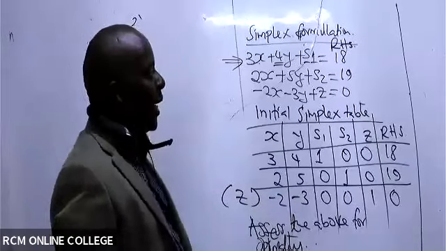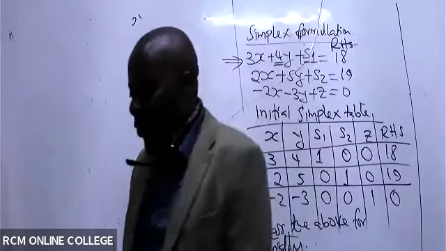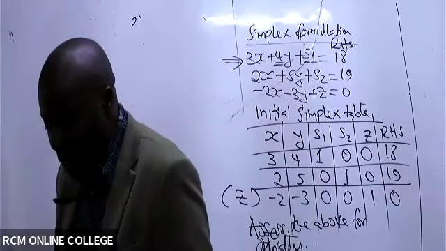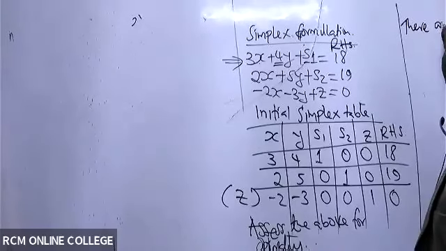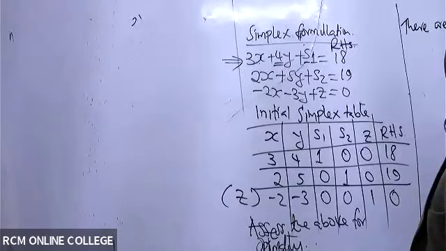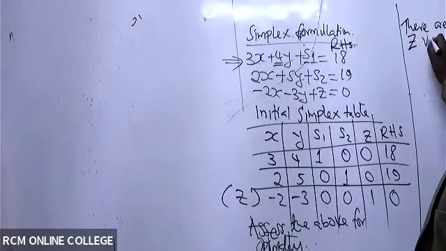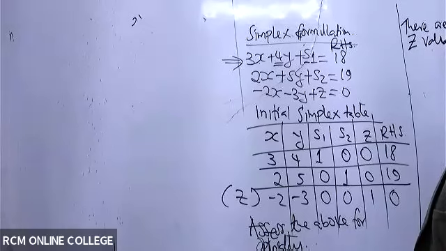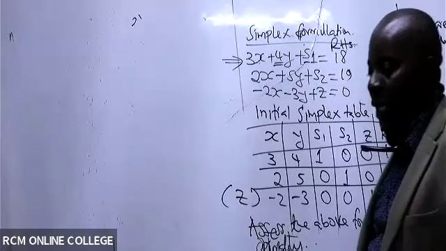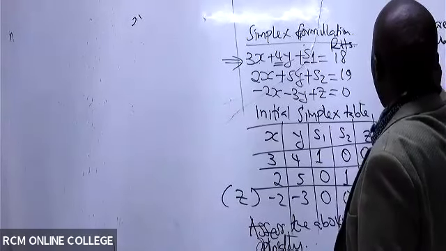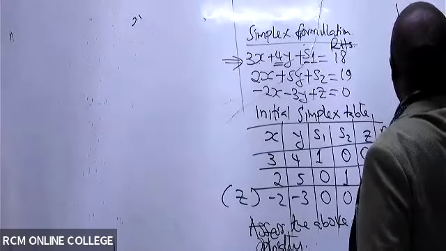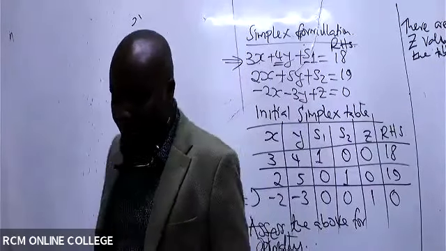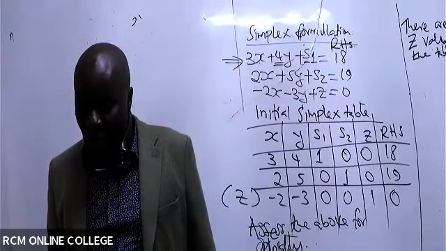In the Z equation there are negatives, negative Z values, and therefore the table is not optimal.